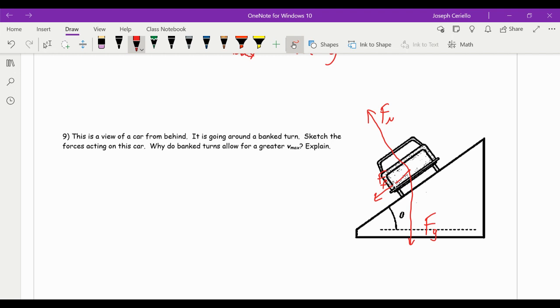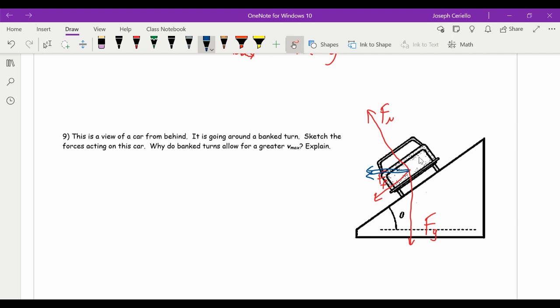So think about why this actually helps the car. The reason it helps is because now the normal force, or at least a component of the normal force, points towards the middle of the circle, as well as a component of the force of friction. So now you have two forces that help it stay in the circle.